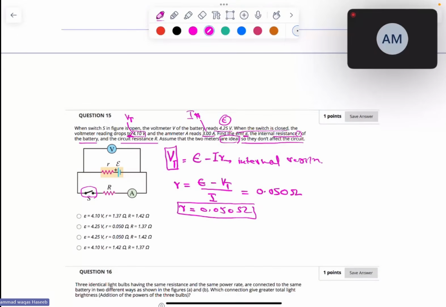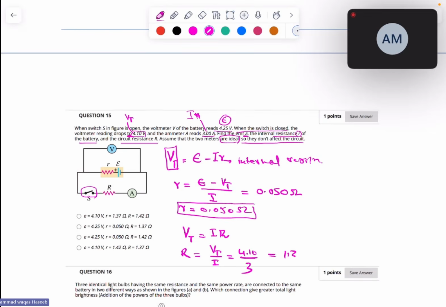Now, find the EMF, the internal resistance r and the circuit resistance. So how do we find the circuit resistance? Circuit resistance is found using Ohm's law. So V terminal is I R. So R is V terminal over I. So V terminal is 4.10 and I is given as 3 ampere.